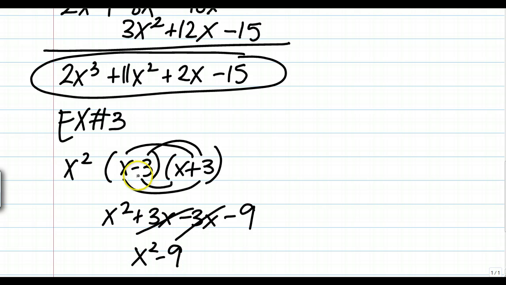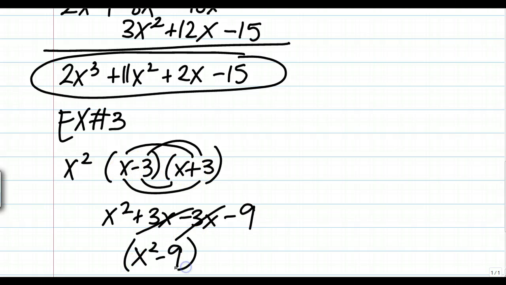So whenever you see that they're exactly the same but different signs, you know that the inside terms are going to fall out. So all you have to do is multiply the first number and the last number, because the outside and the inside will fall out. So again, you only have to multiply the first one and the last one if they're exactly the same but different signs.